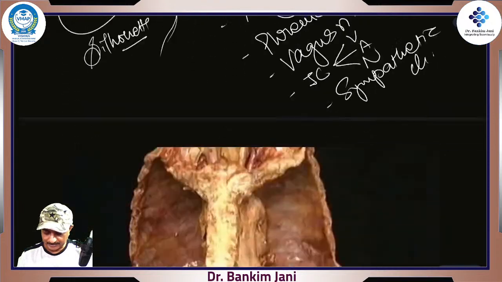For today, let's start. So here is what we left last time, right? When we said that these are the two cavities, these are the pleural cavities, and these pleural cavities are covered with the pleura, and that is the parietal pleura, and then there is lung, which is covered by visceral pleura. Between visceral pleura and parietal pleura, there is fluid, and that fluid is creating that negative pressure, and it is keeping the lungs inflated, right?